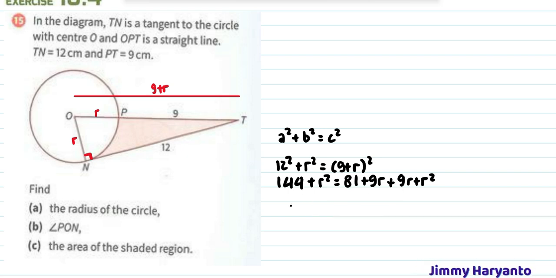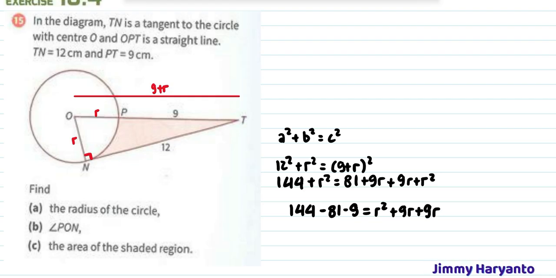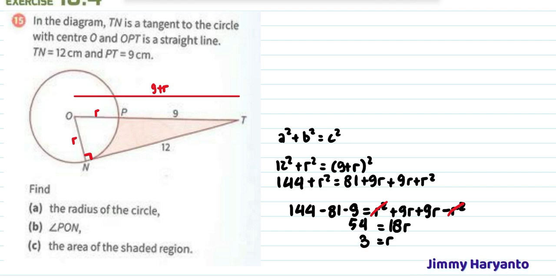So 144 minus 81 minus 9 equals r square plus 9r plus 9r. You move the r square, minus r square, this one will be cancelled out, and 9 plus 9 equals 18, and that one will be 54. So r equals 54 divided by 18 equals 3. So the radius equals 3.